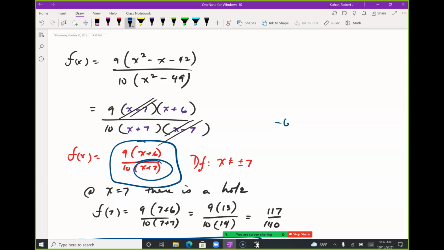So I'm going to have a -6, 0 for my x-intercept, and 54/70 for my y-intercept. Again, I let x be 0 for my y-intercept. I let the numerator be 0 for my x-intercept, or intercepts.